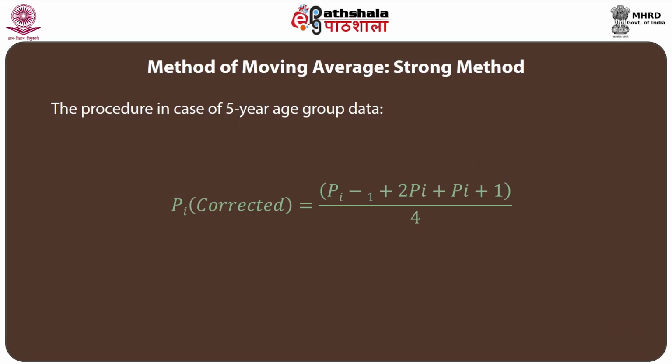We also need Pi minus 1, that is the 15 to 19 age group population, plus 2 into Pi, where the Pi value of the 20 to 24 age group is multiplied by 2, plus Pi plus 1, that is the subsequent 25 to 29 age group, and in this case this will be divided by 4.